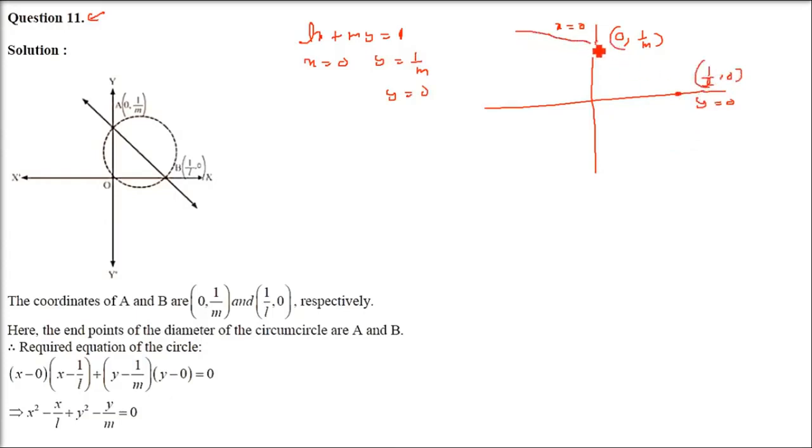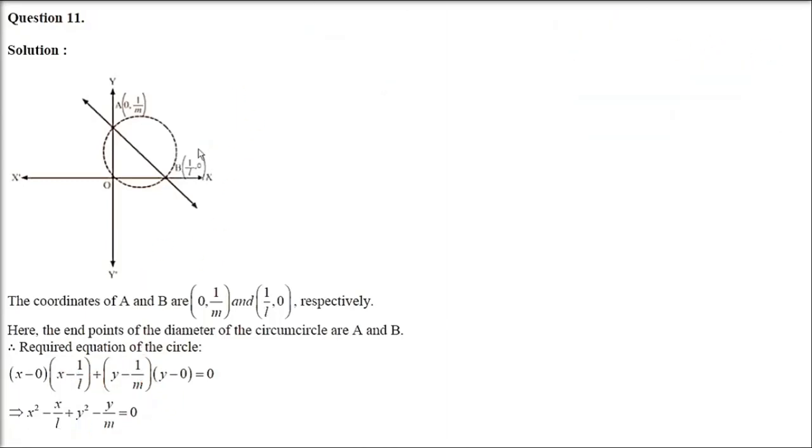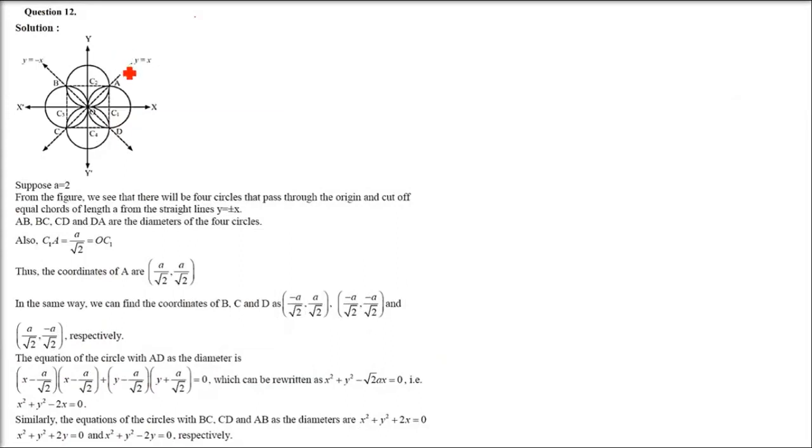So now you have these 2 points, and these 2 points are nothing but the end points of the diameter. So you have to draw a circle with this as a diameter. So the end points are 0, 1 by m and 1 by l, 0. So you have this as x1, y1, this as x2, y2, and you know the equation: (x minus x1)(x minus x2) plus (y minus y1)(y minus y2).